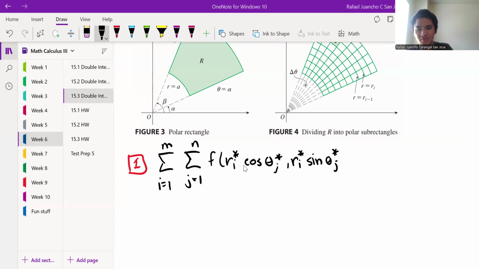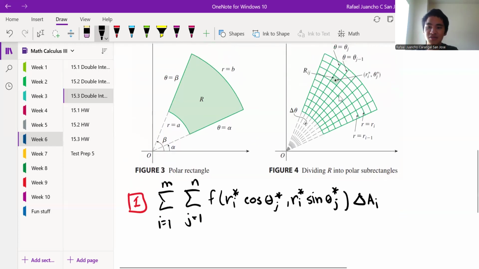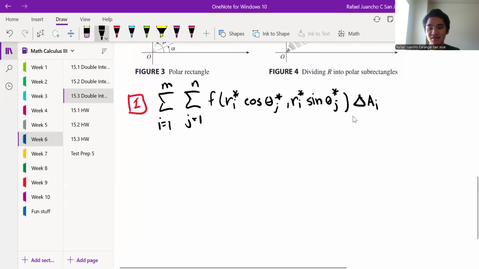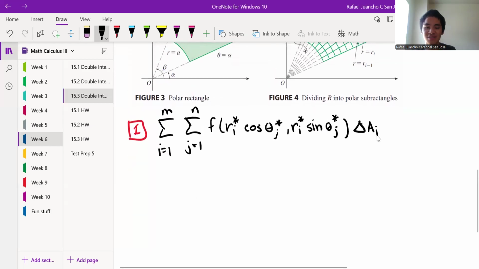So it's that two variable function there with some change in my area sub i. So it depends on the area, right? Because these have varying areas. So now we even include this delta A sub i.